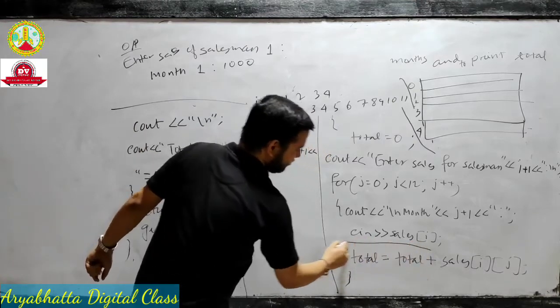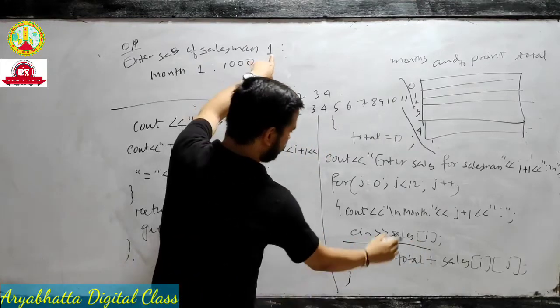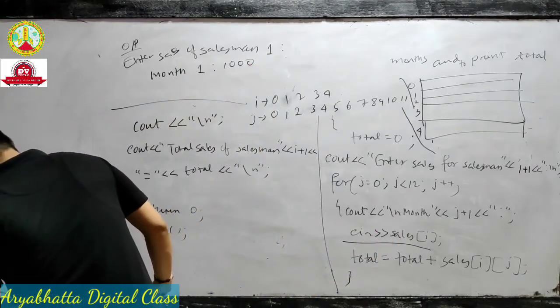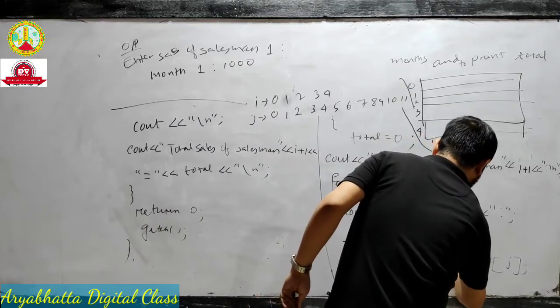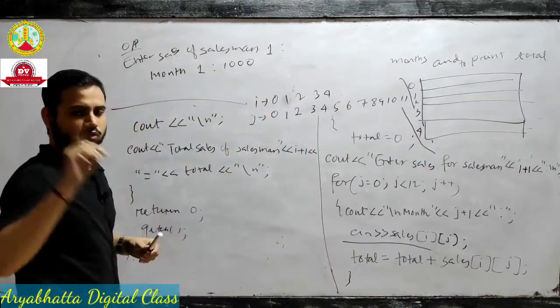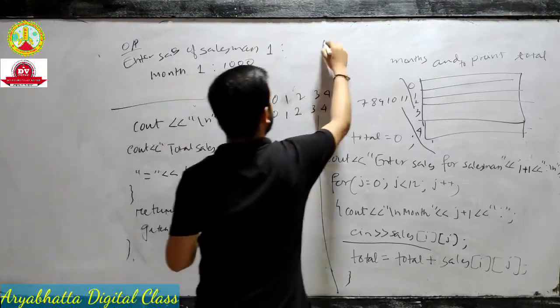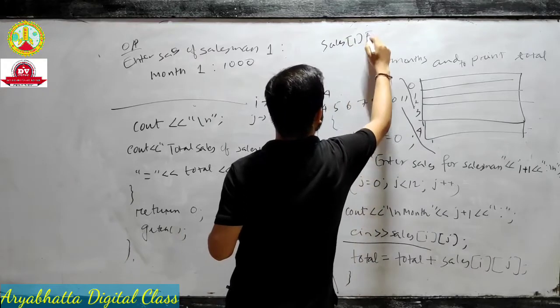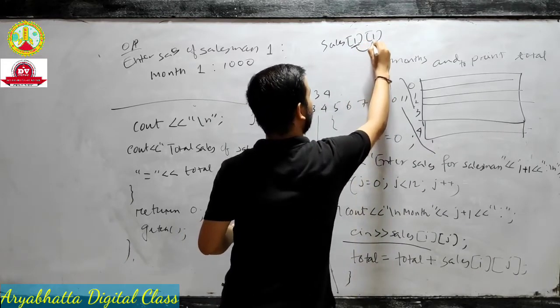The value of this sales is sales i j. Sales i j means the sales for salesman 1 in month 1.